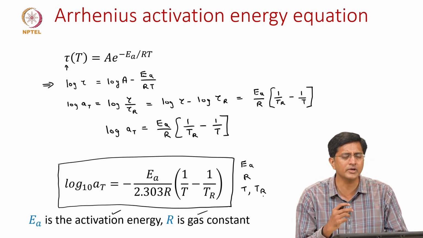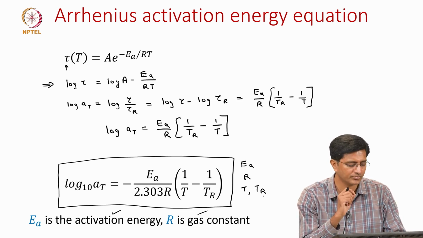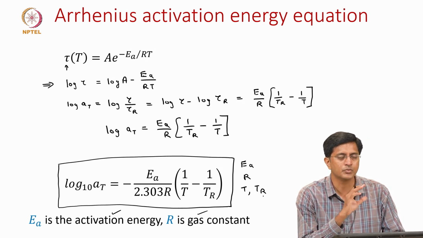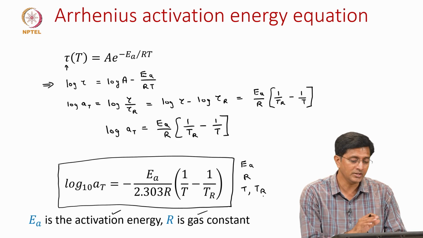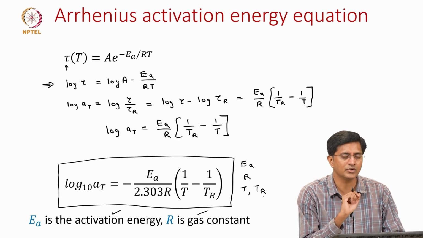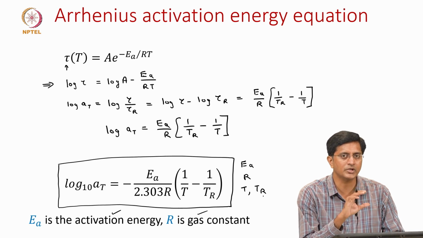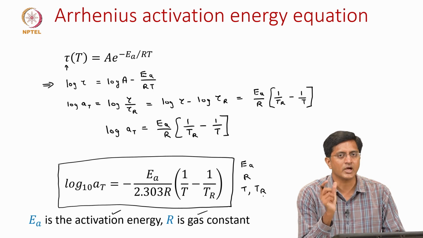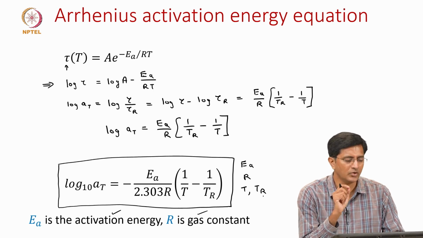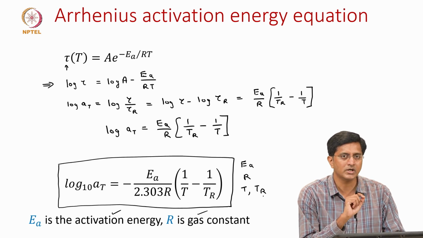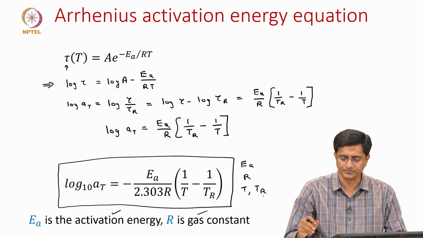But let us talk a bit about the applicability of this equation. Previously we said the WLF equation is strictly valid above Tg, but the Arrhenius equation does not have any of those restrictions, meaning it can also be used below Tg. So, in practice, for temperatures above Tg people use the WLF equation, and for temperatures below Tg people use the Arrhenius equation.